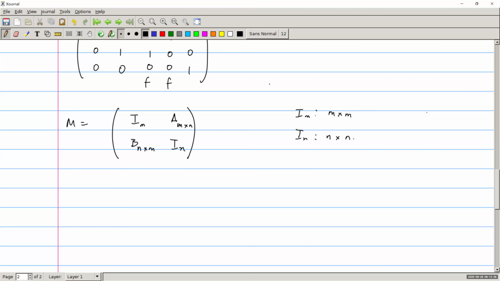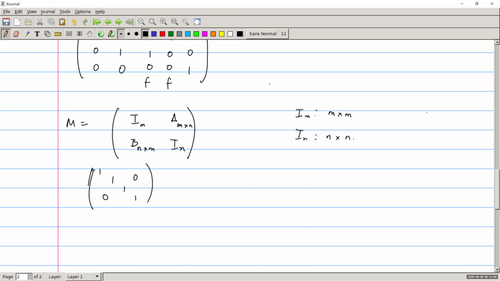Very good. Now we are going to do elimination. Just imagine this is the diagonal identity matrix: M ones on the diagonal, zeros everywhere else.